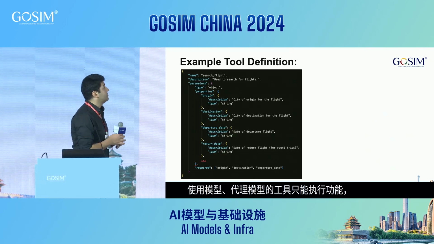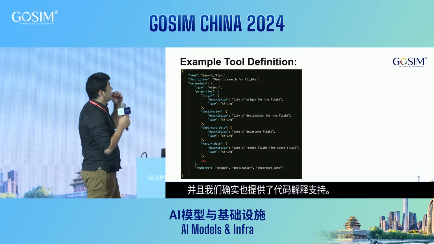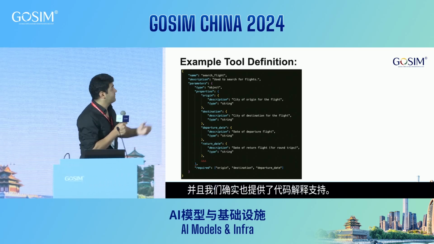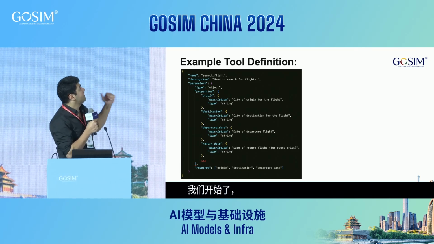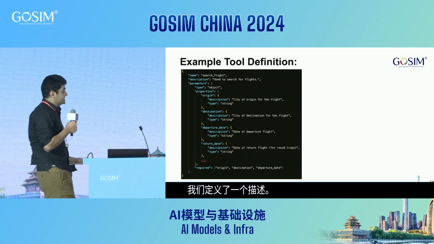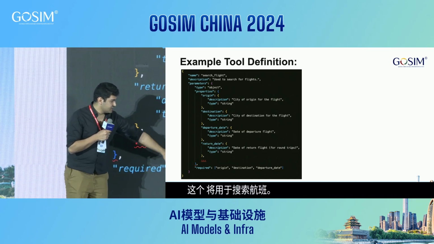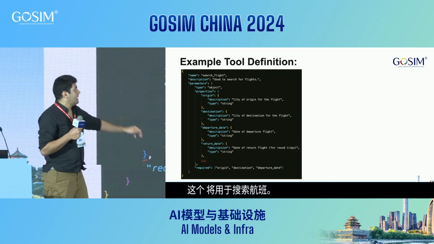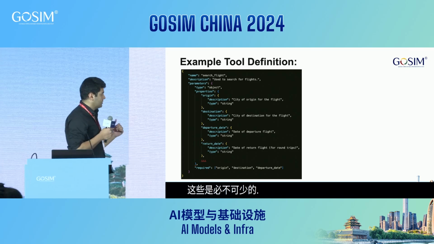So this is an example tool definition. We're searching for a flight. We define the description. We're saying, OK, this is going to be used for searching for flights. And we have some required parameters. These are essential: origin, destination, and departure date. Otherwise, it should not return anything at all.